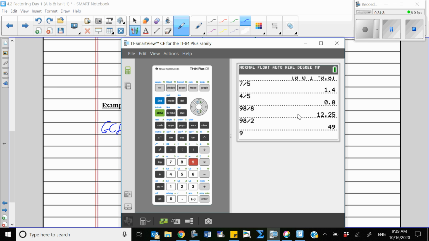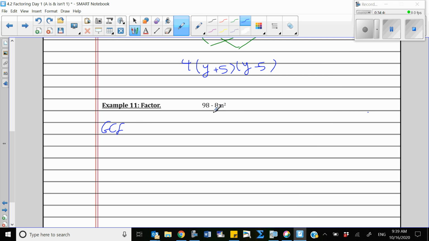So that's not divisible, but they're both divisible by 2. 98 divided by 2 is 49, and 8 divided by 2 is 4. So I can factor the 2 out here.